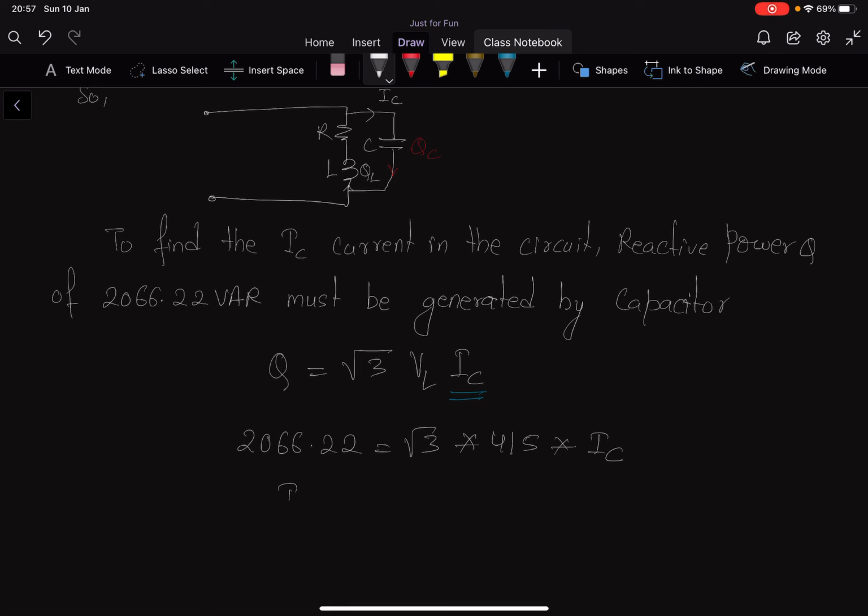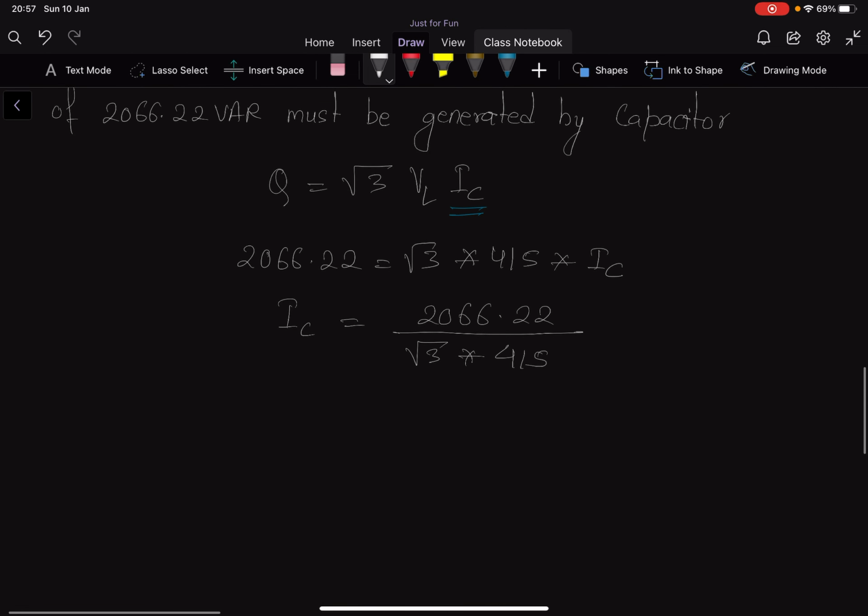If we rearrange this, we get IC equals 2066.22 divided by root 3 times 415. Using a calculator, IC we get is 2.87 ampere.